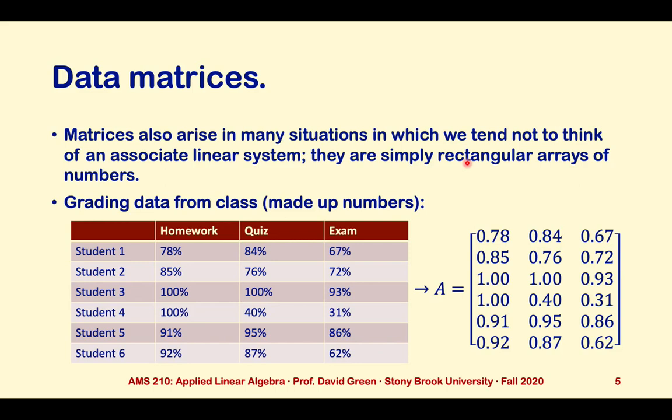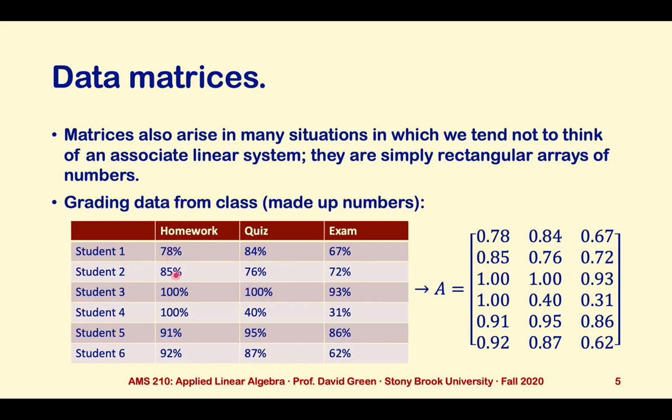So let's think about what these data matrices might look like. I have a spreadsheet of data, grading data for the class. These numbers are made up, but the structure of this table is something that is fairly standard. A list of students where every row represents a different student, and a set of columns where each column represents a different assignment or set of assignments, and so on.